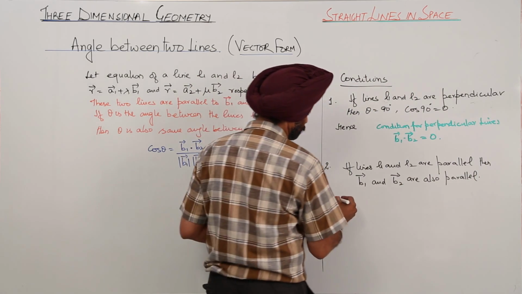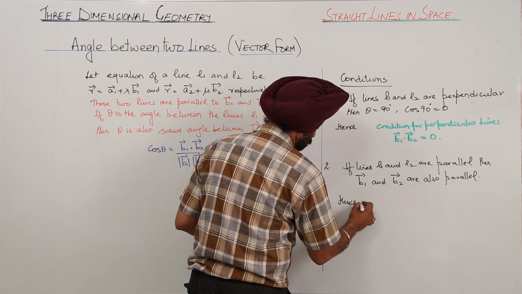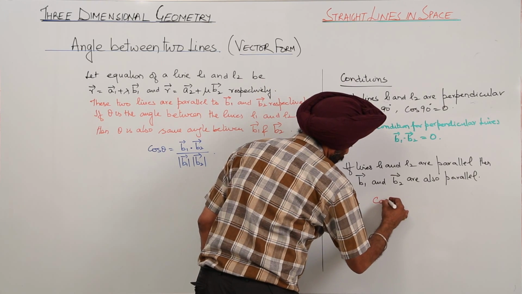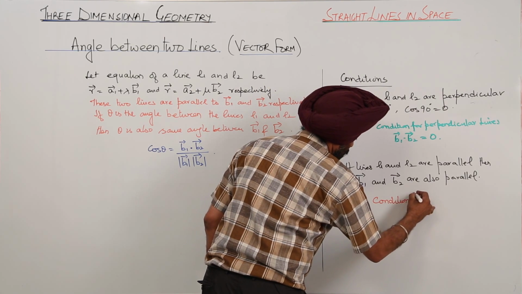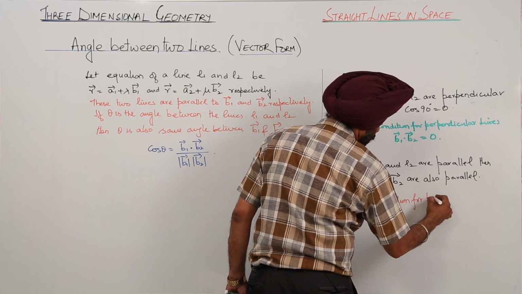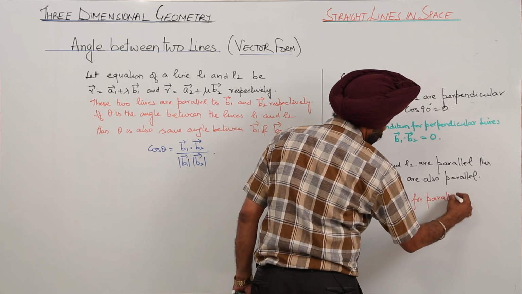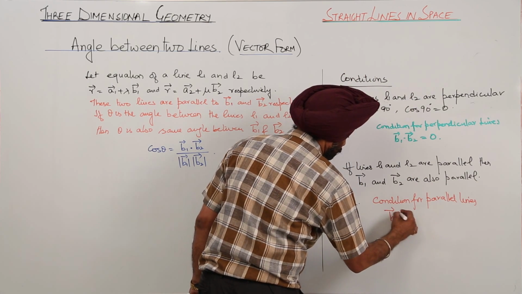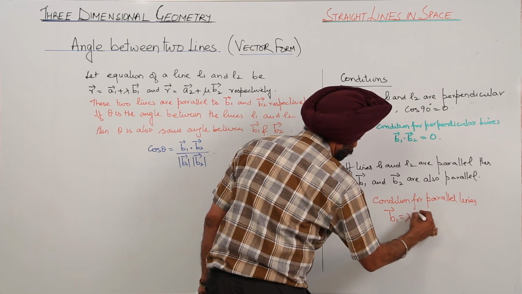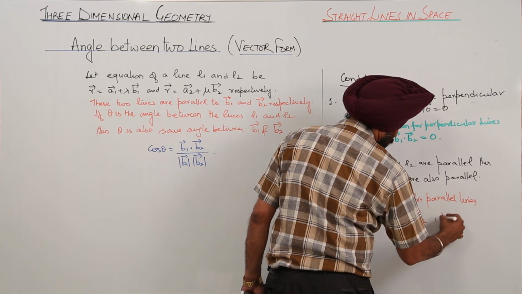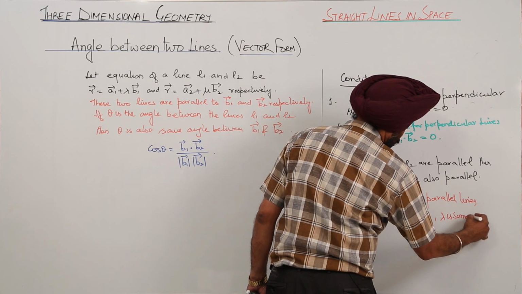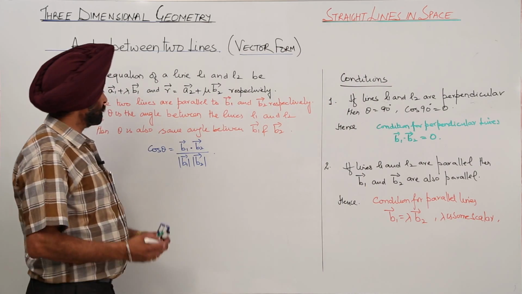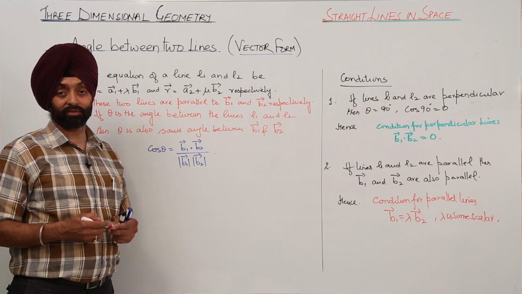Hence, the condition for parallel is vector b1 is equal to lambda vector b2. Lambda is some scalar. So these are the two conditions, and this is the angle between the two lines in the vector form.